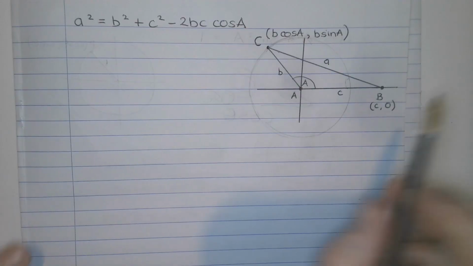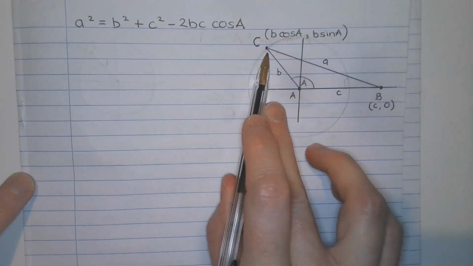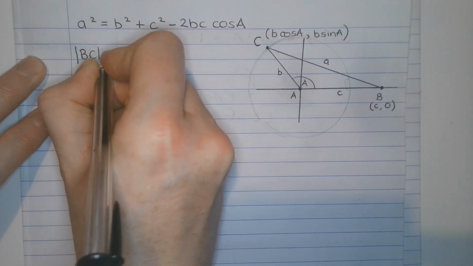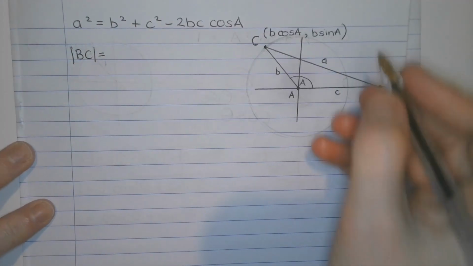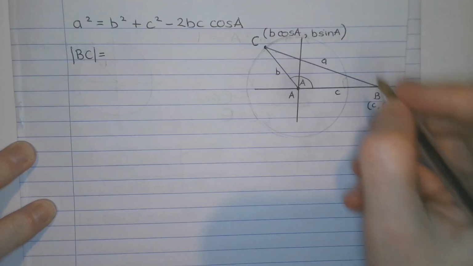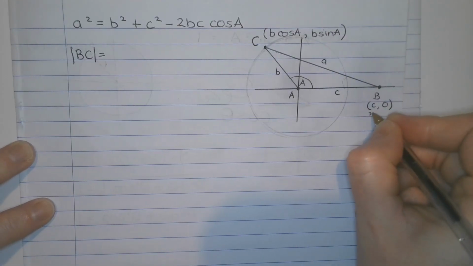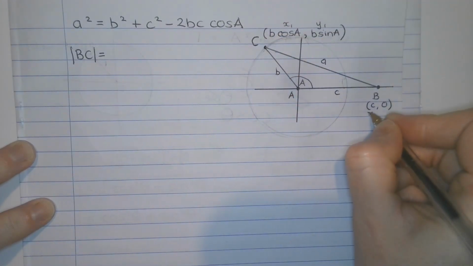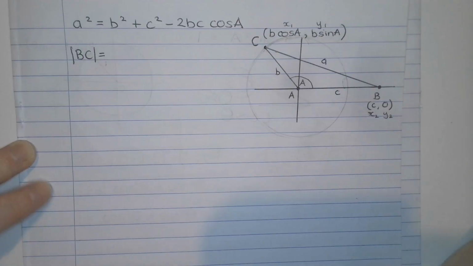If we use our distance formula here and look at the length of BC, using our two points here, we would have x1, y1, and x2, y2.